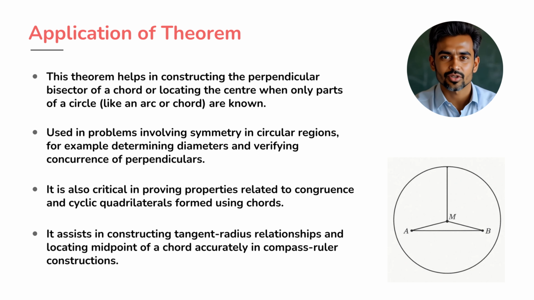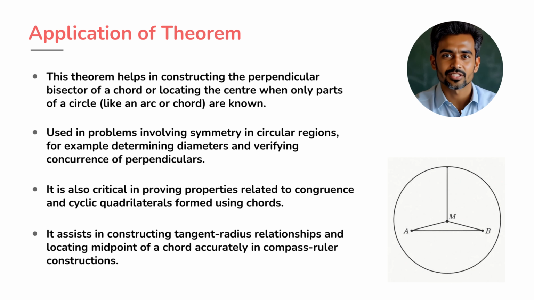It's also useful in problems involving symmetry. For example, if you want to determine the diameter of a circle or check if several lines intersect at a single point inside the circle, this theorem gives you a reliable geometric tool. Additionally, it plays a critical role in proving properties about cyclic quadrilaterals, which are four-sided shapes inscribed within the circle.